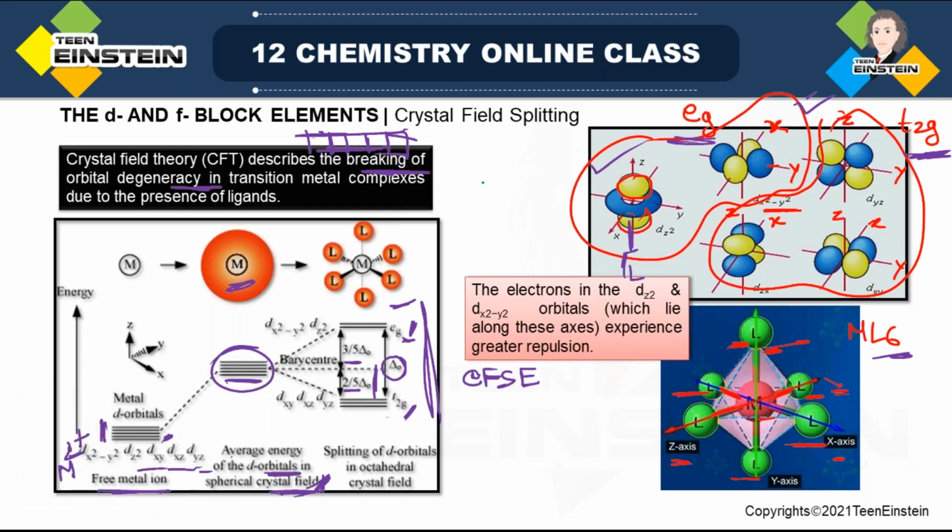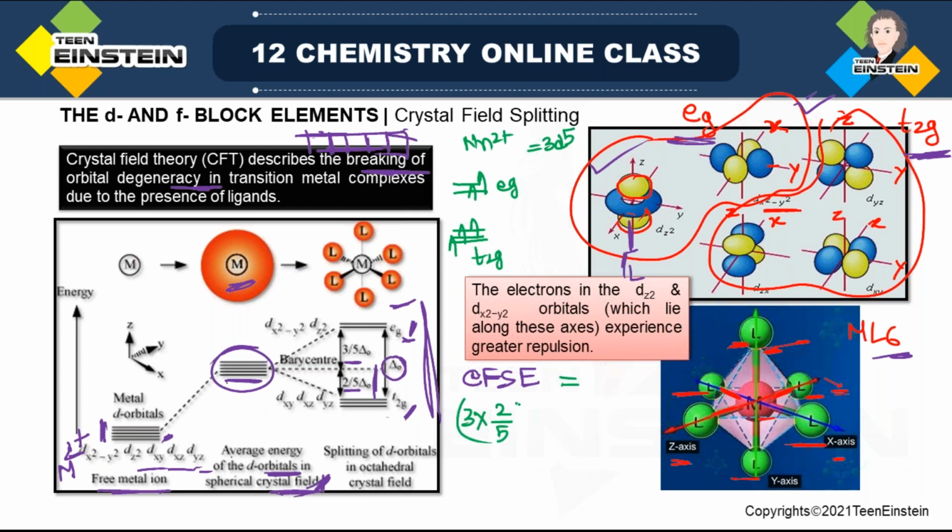But suppose it is 3d5. Remember, for the Mn2 plus system, it is actually 3d5. Now how will we place this 3d5 for weak field? For weak field, the placement of electrons is like this. We do not do any pairing in T2G. Now, if it is asked to calculate the CFSE, then it will be done in this way. 3 electrons in T2G, so 3 into 2 by 5.